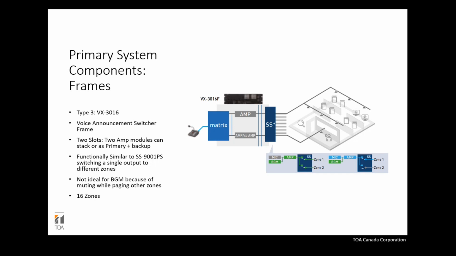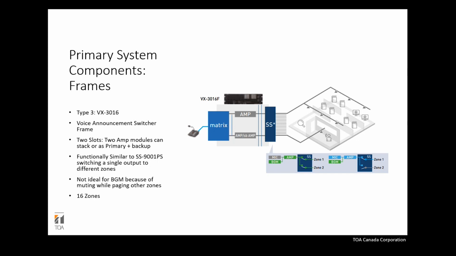So when there's a page happening, the matrix selects the channel that you want to page to, and then broadcasts it via the amplifier to that particular zone. If there's an all call, all zones are selected and broadcast throughout the system.